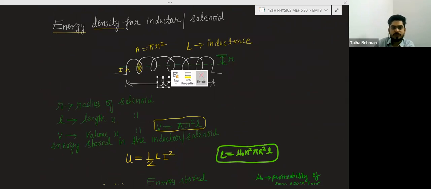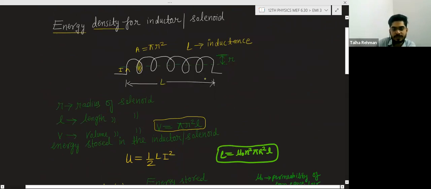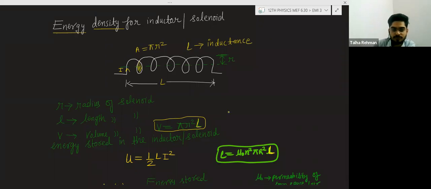In volume, we will take capital L here. Here also we will take capital L. Actually, capital L is already taken, so small l is okay.